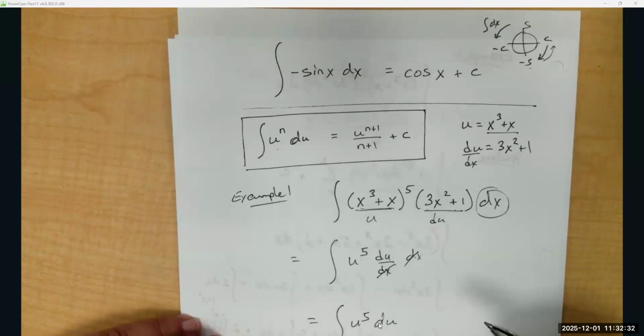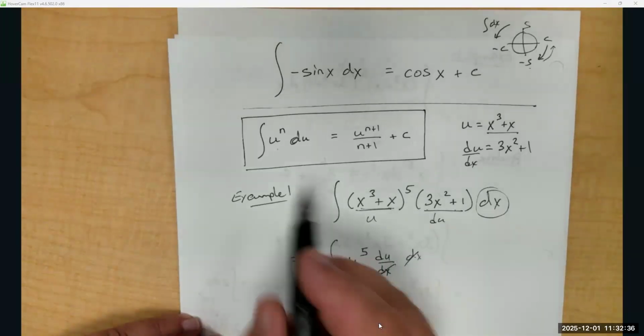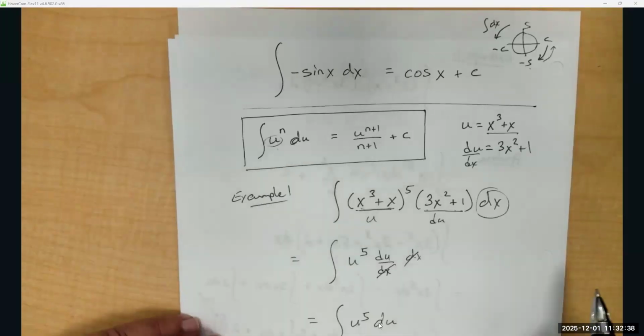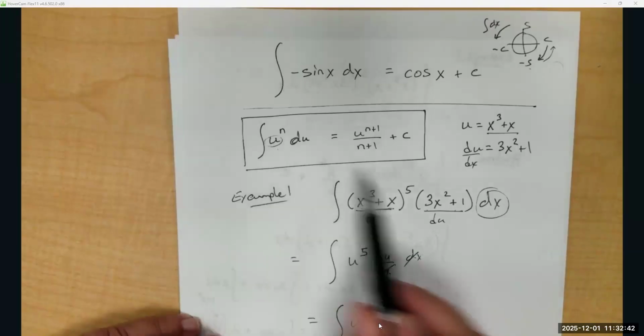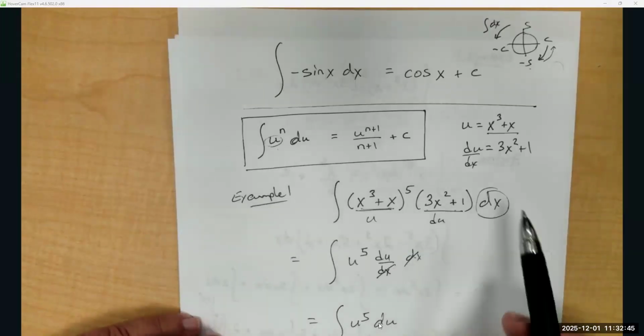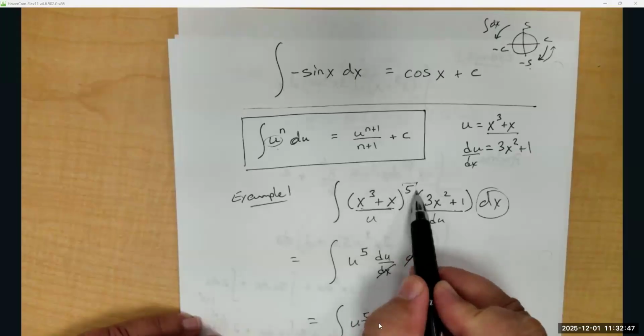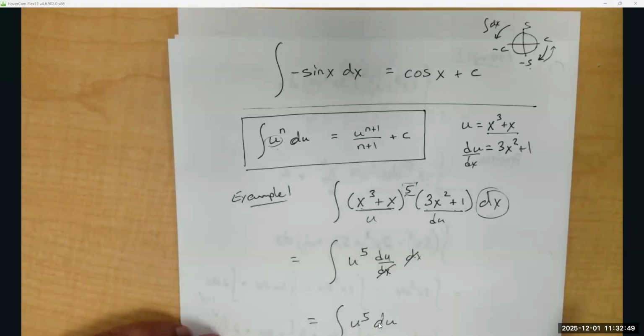We have to first define what is u. And the derivative of the inside cannot have an exponent. So that's why our first guess is look for the one with the highest exponent. And whatever's below that is our u.